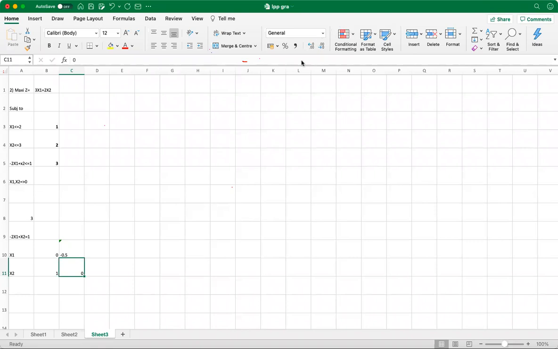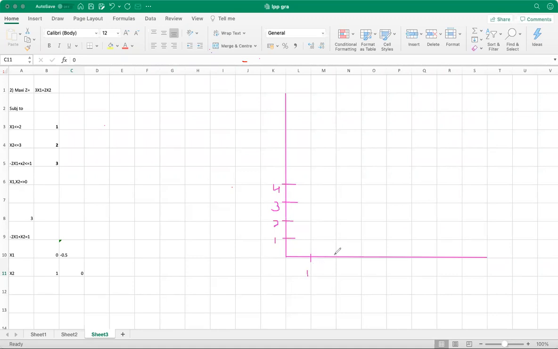So I will plot a graph here. यहाँ से चालू करती हूँ. Okay. So 1, 2, 3, 4. ठीक है.